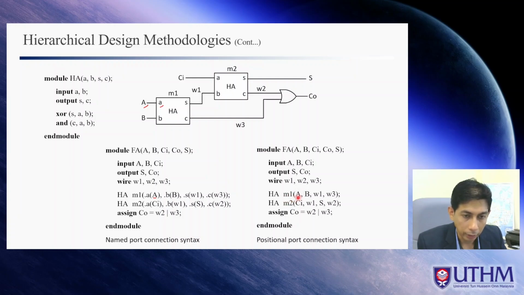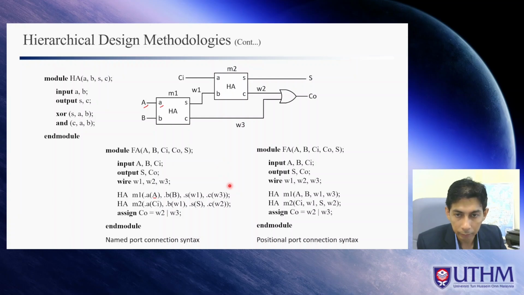By using this one, we don't need to connect like this, A to A. We just use the position of the port. So for example, M1 here, we want to connect this A to this A. We should know the position of this one in the port list in the small design.